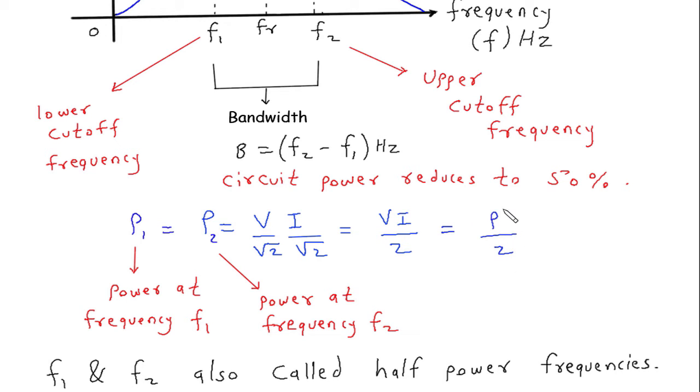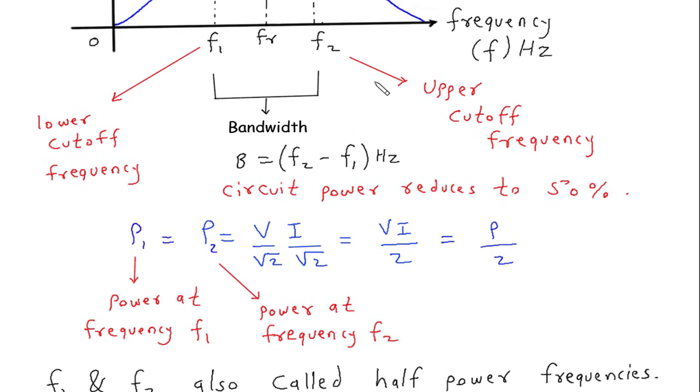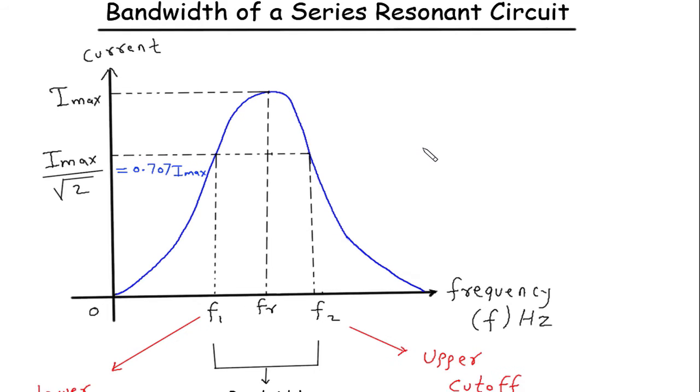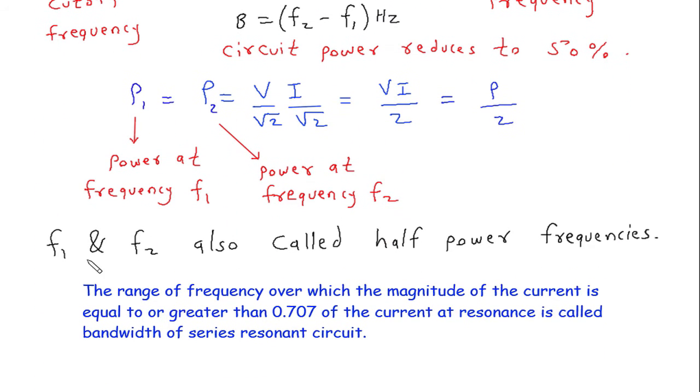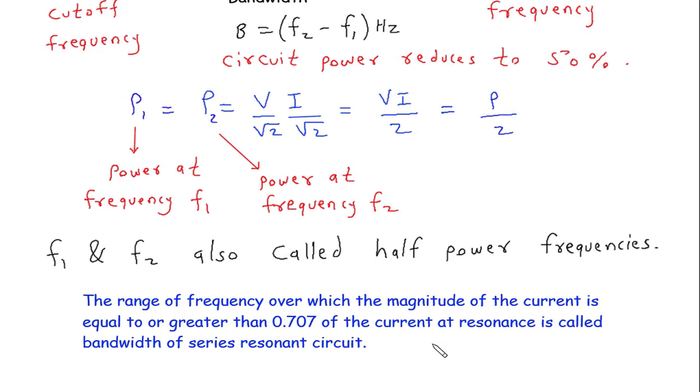Here we can see the power is half at points P1 and P2, that is F1 and F2. F1 and F2 are also called half power frequencies. The range of frequency over which the magnitude of the current is equal to or greater than 0.707 of the current at resonance is called the bandwidth of the series resonant circuit.